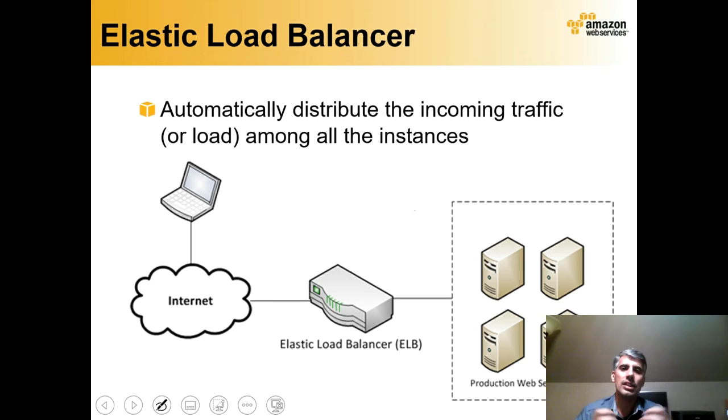And then when there is low traffic, it squeezes the resources to a minimum, such that the user receives a good quality of service and the cost is minimized. So you can attach an elastic load balancer to your virtual machines.